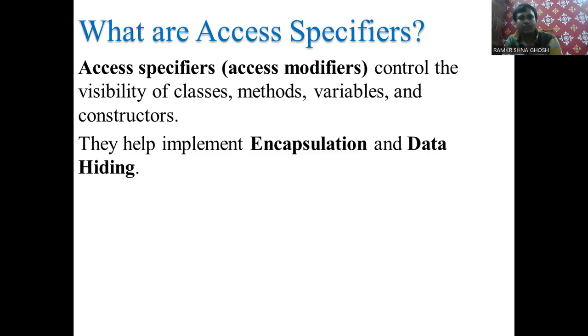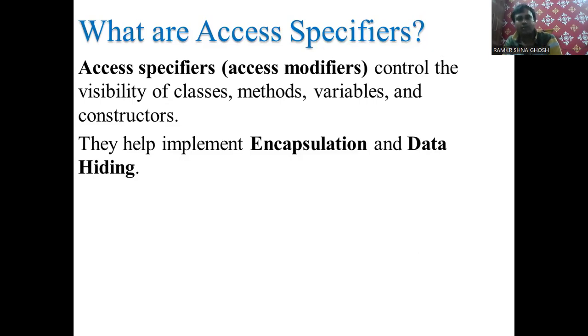Access specifiers help implement encapsulation and data hiding. Encapsulation is one of the most striking features in Java and in any object-oriented programming. The data and its corresponding functions are kept inside an object. The object here acts as a wrapper for data.